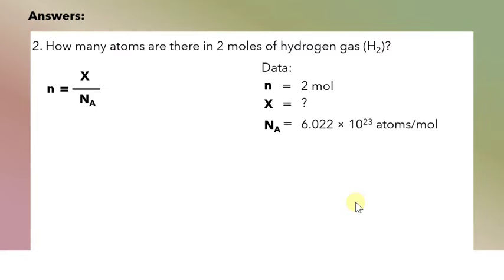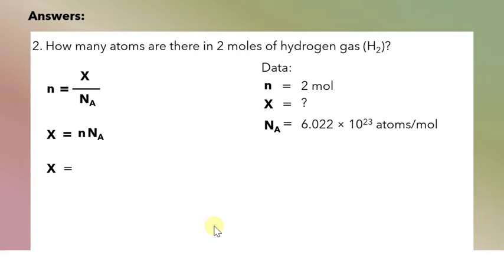From there, since we are asked to find this X here, we'll make it the subject of the formula. Why do I know that it is X? Because X is the number of elementary particles, and we said examples of elementary particles are atoms, ions, and molecules. And when they say how many atoms, they are asking for X. So when we make X the subject of the formula, it is going to be X is equal to number of moles times Avogadro's number.